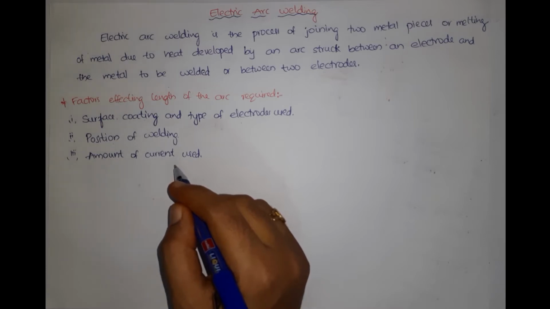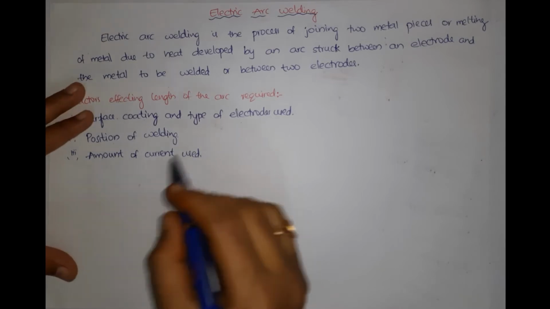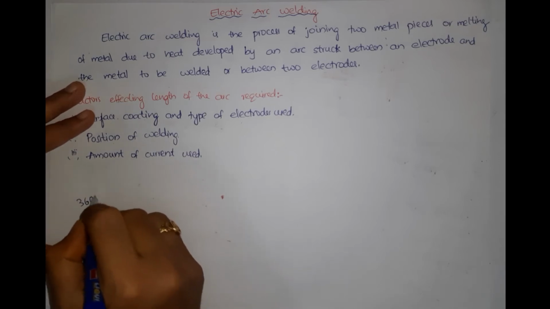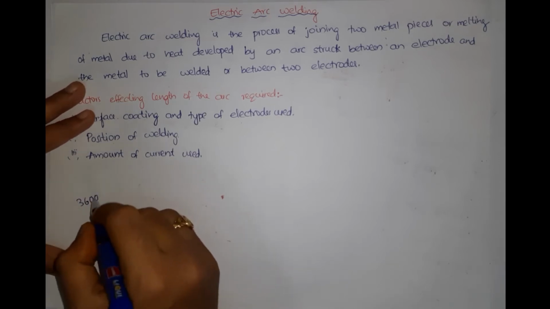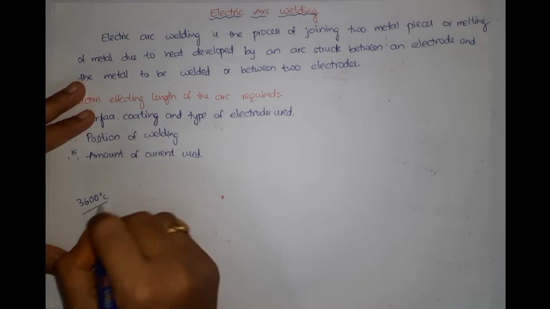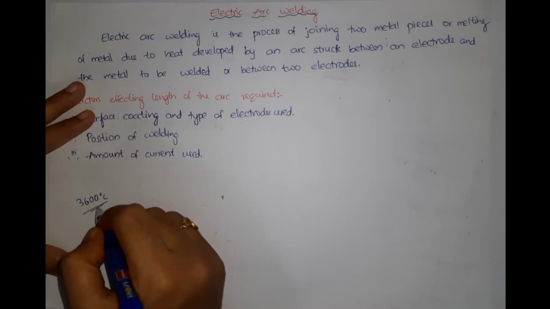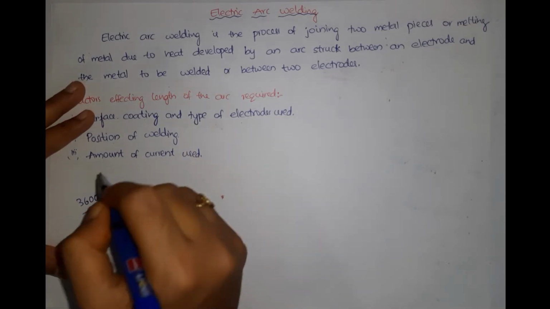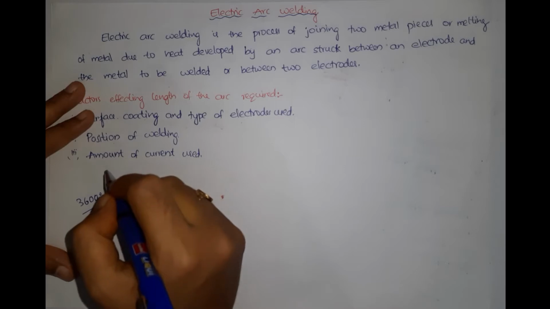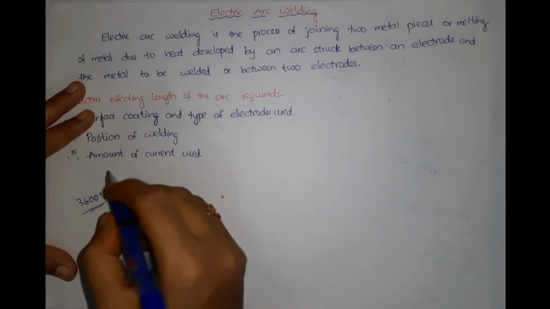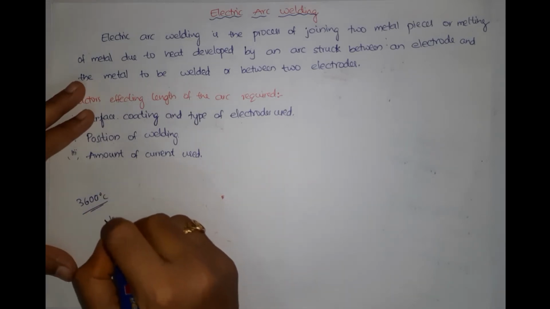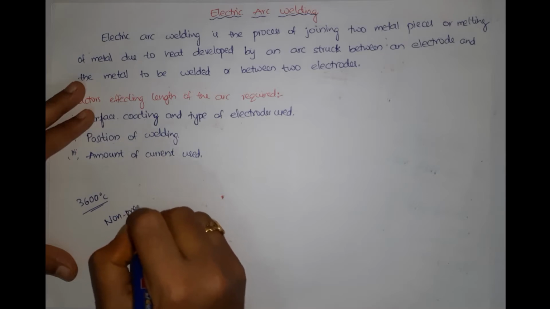The temperature in this kind of arc welding is about 3600 degrees centigrade. In this kind of welding, there is no pressure acting in any way.